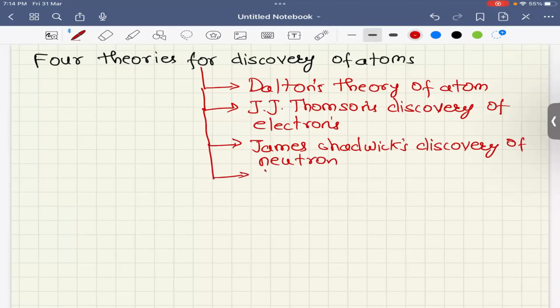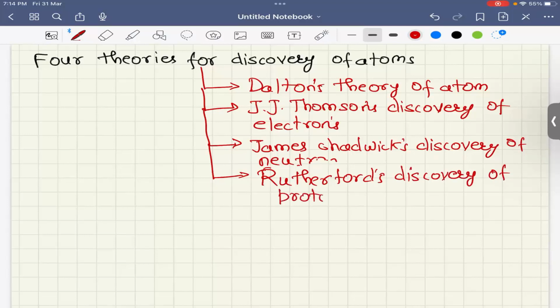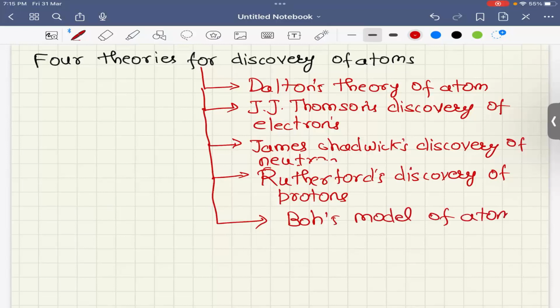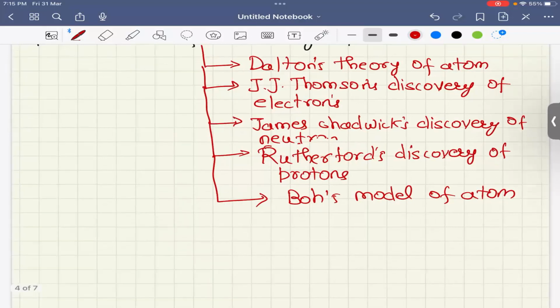Further, Rutherford's discovery of protons, and finally Bohr's model of atom. So this will be the scope.